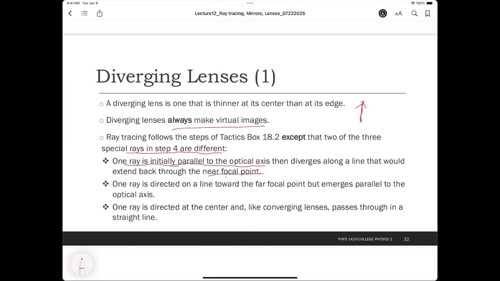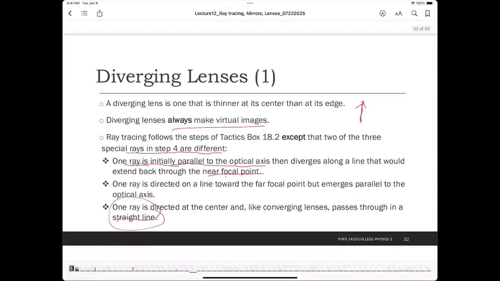The other one is directed on a line toward the far focal point, but emerges parallel to the optical axis. And one is directed at the center, and like convergent lenses, passes through in a straight line. Compared with convergent, this one is the same thing, and the other 2 are different.